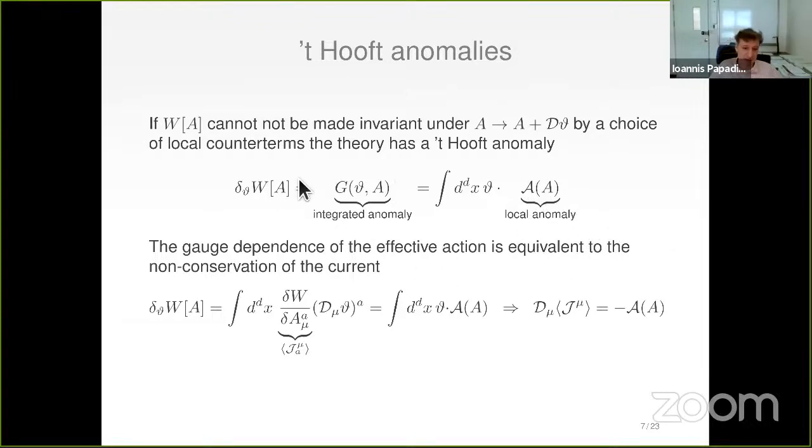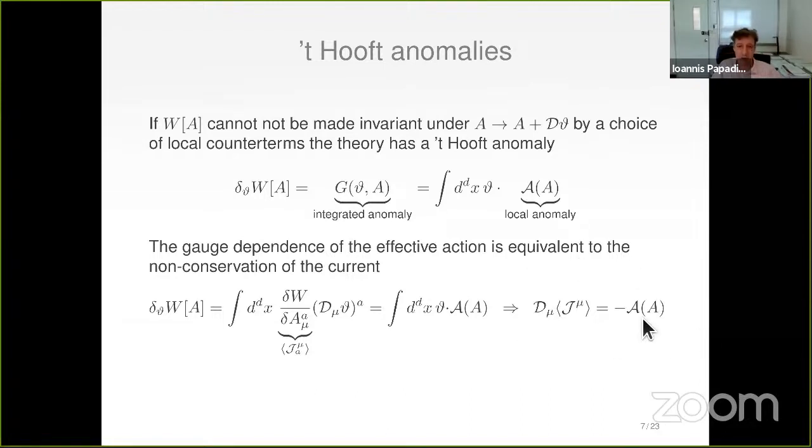And this observation gives rise to the non-conservation of the current. If we compute this variation in two different ways, the first here being just the chain rule, I use the definition of the current here and the gauge transformation, and also here this anomaly. If we now use the fact that theta is arbitrary, we end up with this anomalous non-conservation of the current.